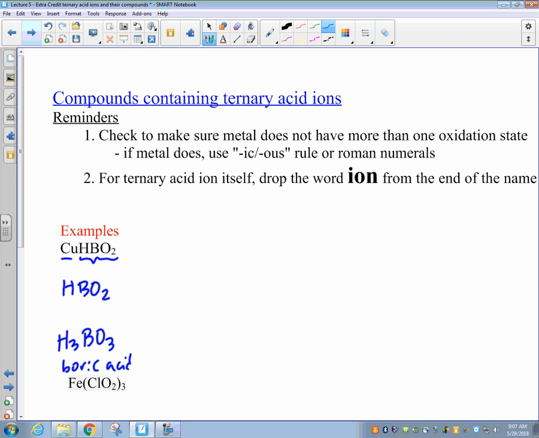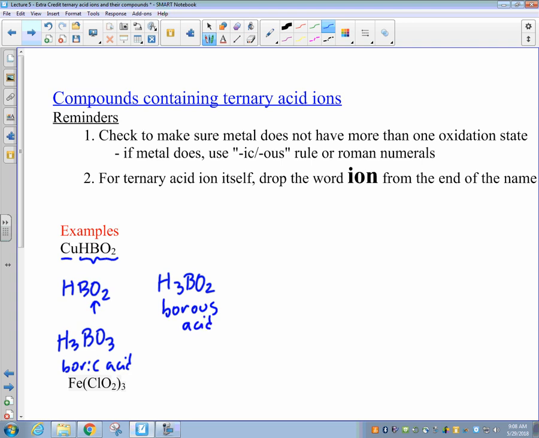If H3BO3 is boric acid, our ion has one fewer oxygen than boric acid has, which means we are interested not in boric acid, we are interested in H3BO2, which means changing the acid name from -ic with one fewer oxygen would be -ous. That is therefore borous acid.